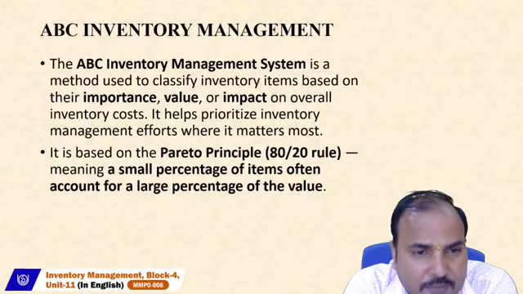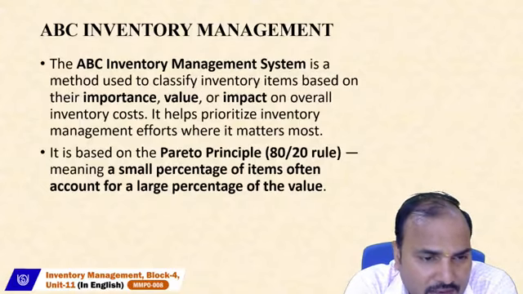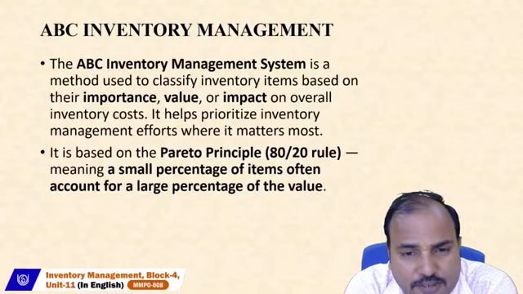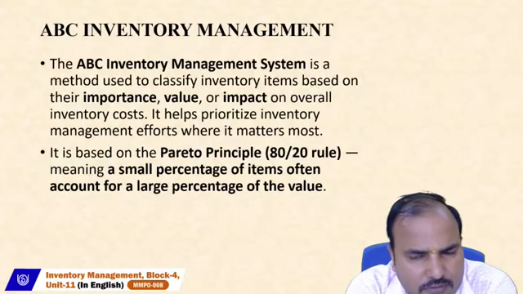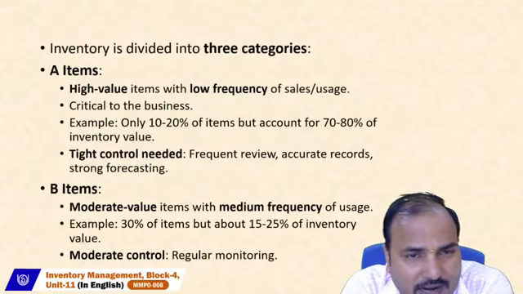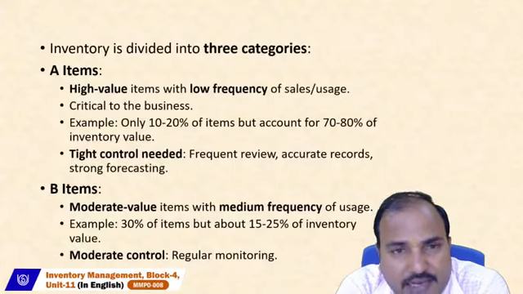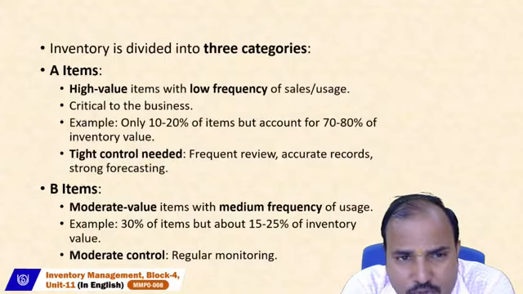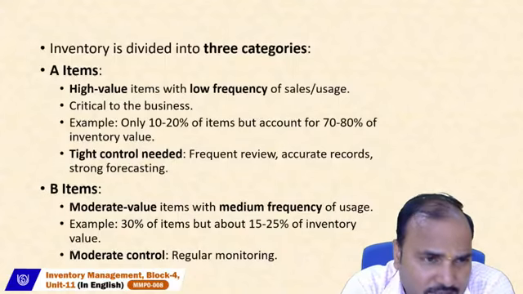It is based on the Pareto principle, that is the 80/20 rule, meaning a small percentage of items often account for a larger percentage of the value. In ABC inventory management, the inventory is divided into three categories. One is the A category, which has high value items with low frequency of sales and usage.